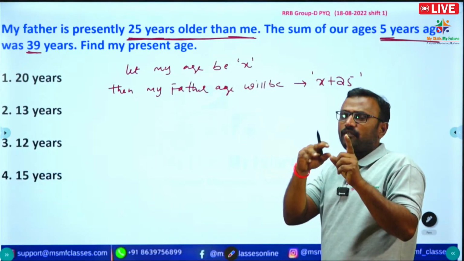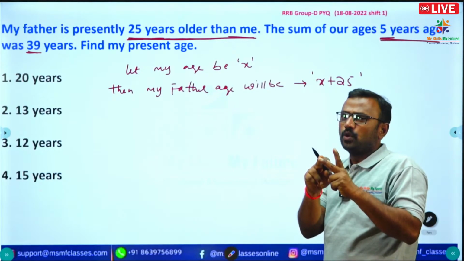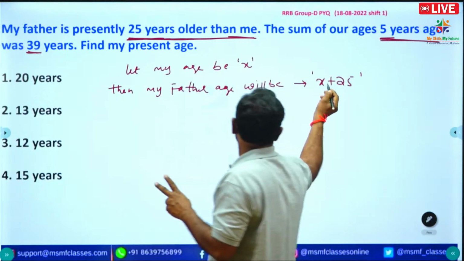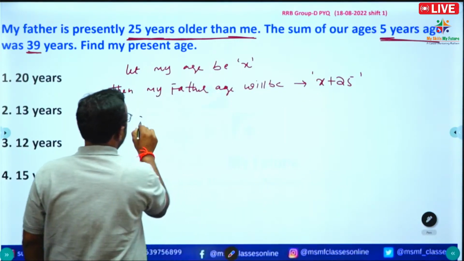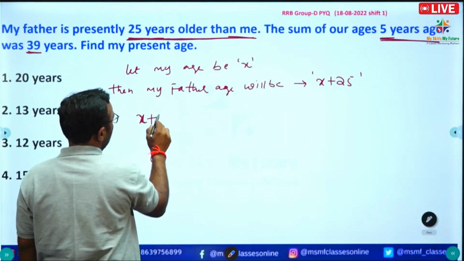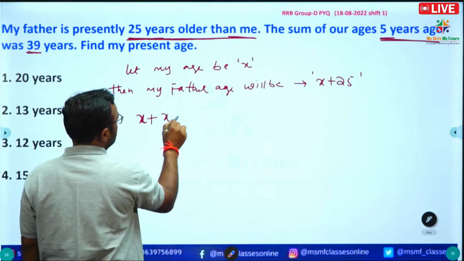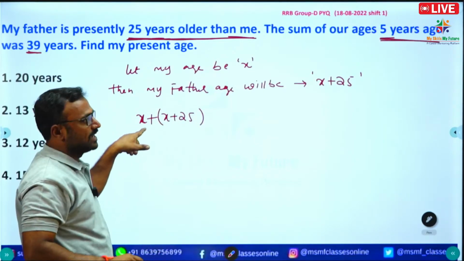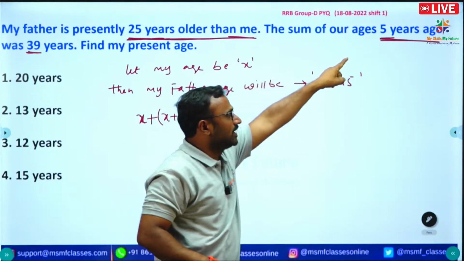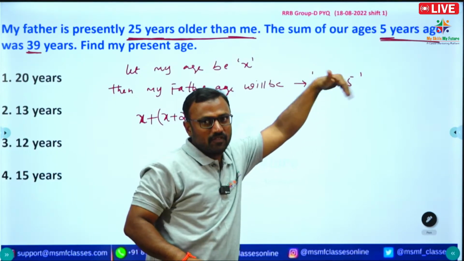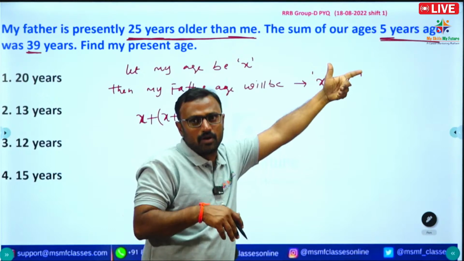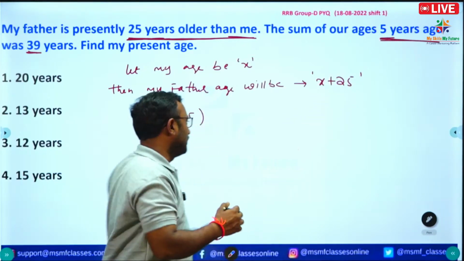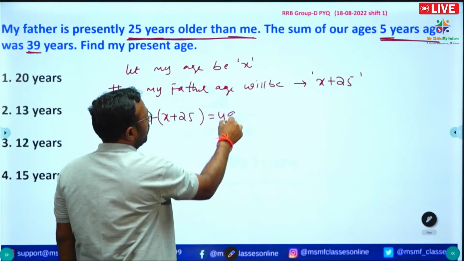The sum of our ages 5 years ago is 39. Just add 5 years to the father and 5 years to the son, so 5 plus 5 is 10. So x plus x plus 25 is the sum of our present ages, and the sum 5 years ago was 39, so now it is 39 plus 10, which is 49.